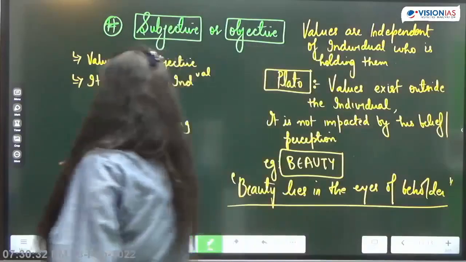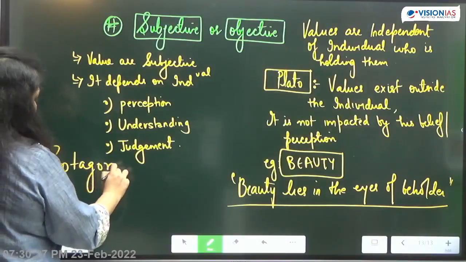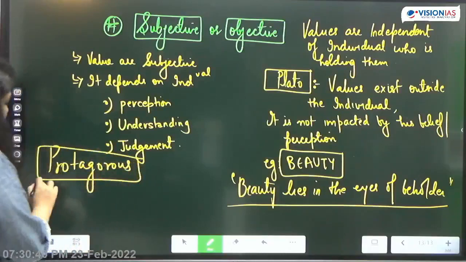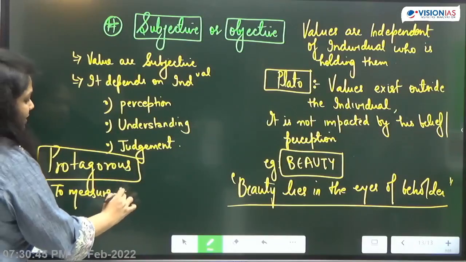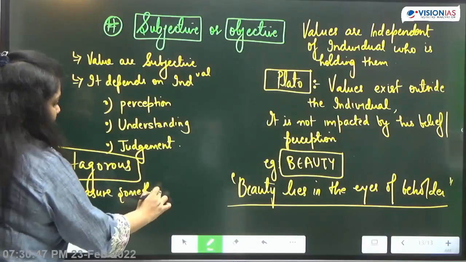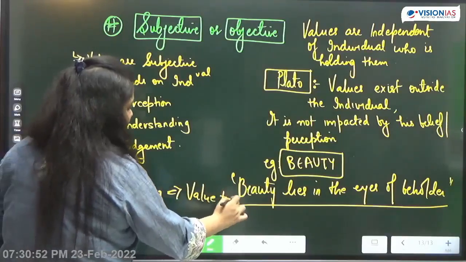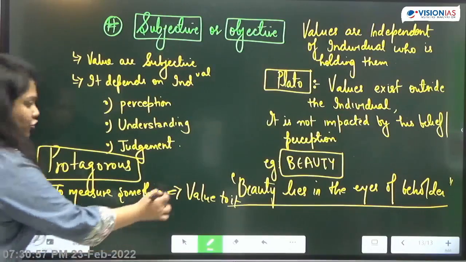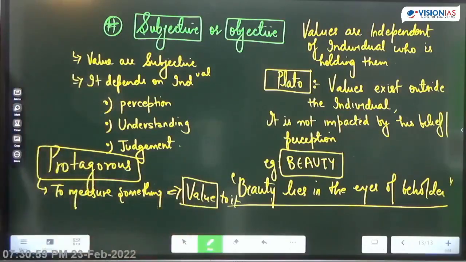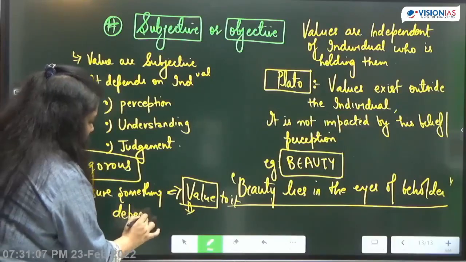For example, there is a philosopher, Protagoras. So the philosopher said, to measure something, you add value to it. When you have to measure something, you add value to it, right? So all the values, whether it is truth, whether it is beauty, all of that, it depends upon the human observer.